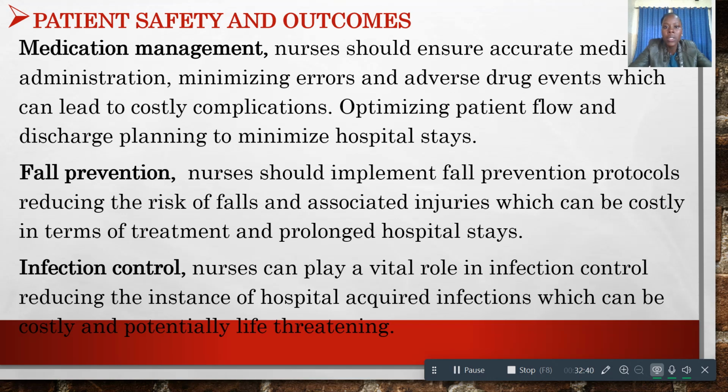Remember, hospital stays come with increased costs. The more the patient delays in the hospital, the more they continue spending on different things like food and all that. So as we are monitoring our patients, the moment they stabilize, we start planning for discharge.